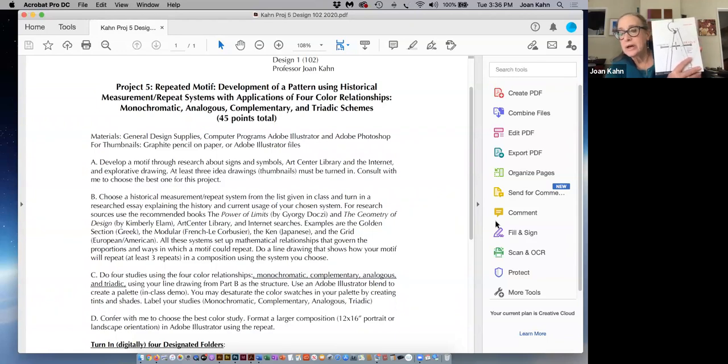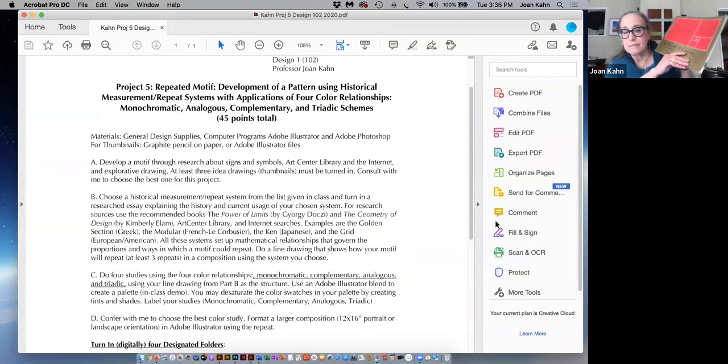It's actually on our syllabus, but I think I also included it in the sample bibliography for the project, but I can send it to you also. And The Power of Limits, which is a fantastic book because it actually shows the measurement systems and makes analogies and metaphors to other systems that exist in the world.